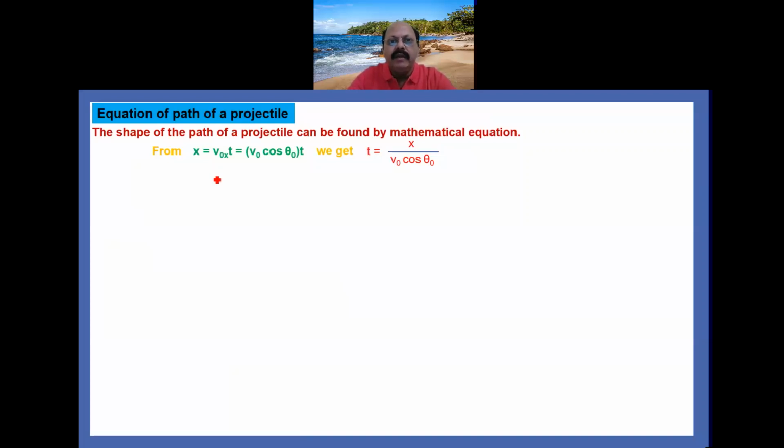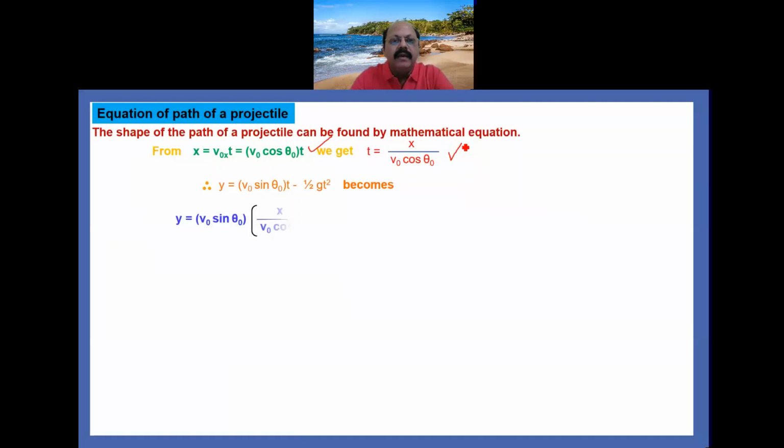So from here t equals x upon v naught cos theta naught. Similarly, along the y-axis, y equals v naught sine theta naught t minus half gt square.